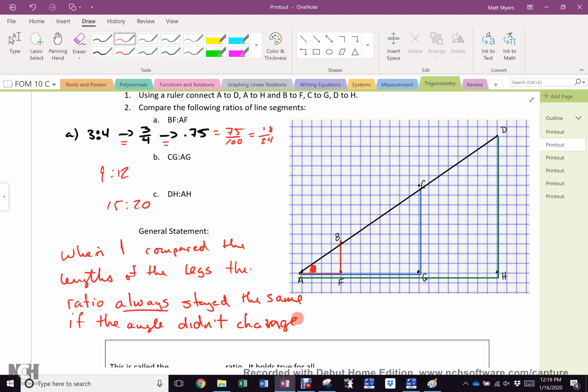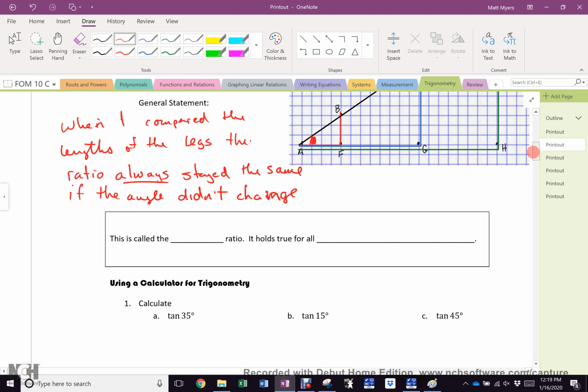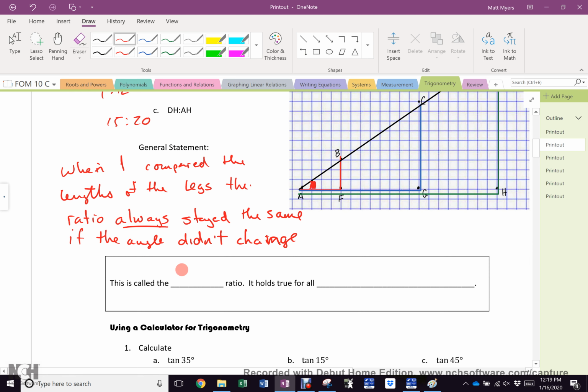All right, now, this comparison is called the tangent ratio. All right? And it holds true for all right angle triangles.